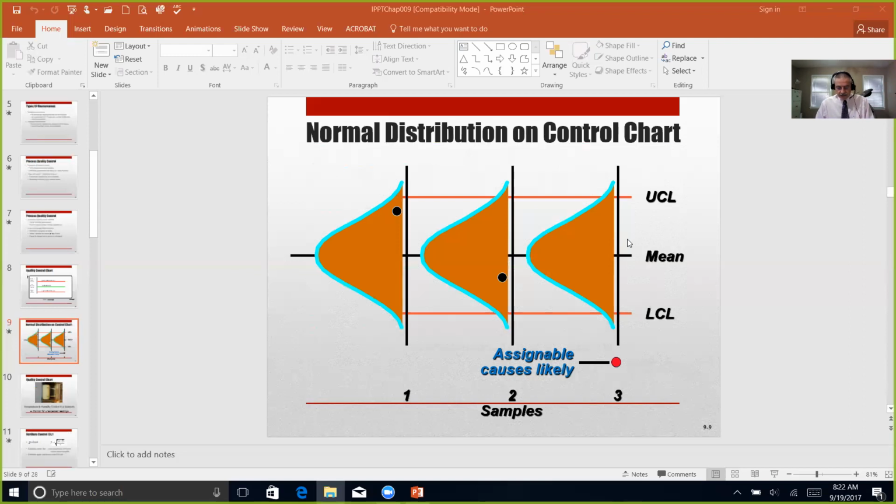And common causes, certainly, in some cases, we may have to redesign the process, but hopefully we can change it just enough to keep us here at a constant state of statistical control.